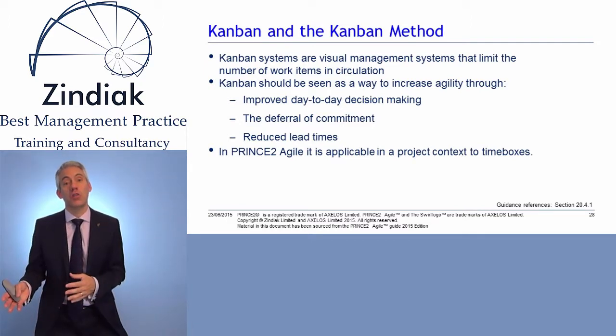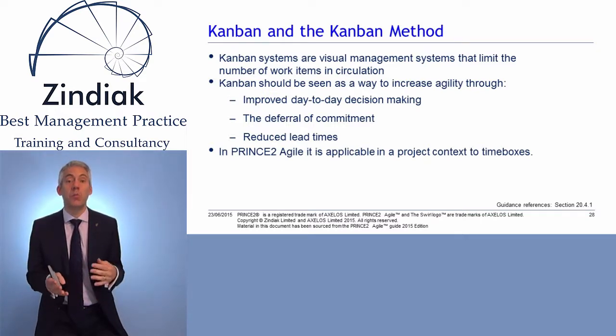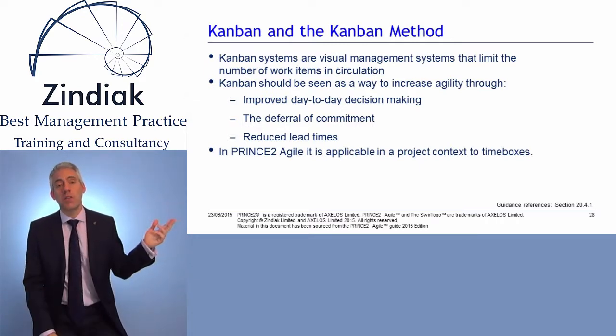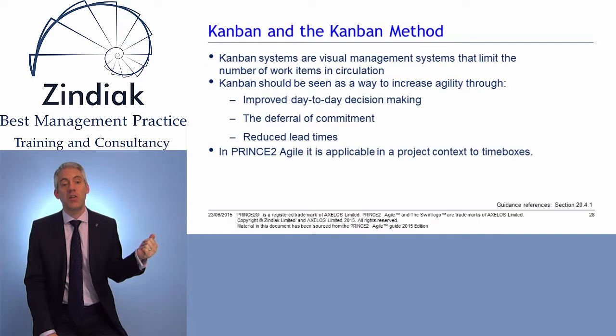And of course, in your sprint retrospective, if you're using the Kanban method, you would be reviewing your use of the Kanban method. Just to cover the points on the slide, Kanban systems are visual management systems that limit the number of work items in circulation.